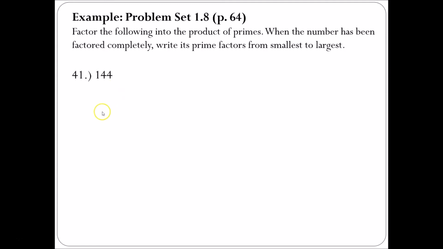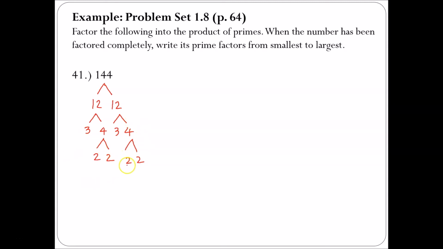Okay, so let's try. So 144 can be written as 12 times 12, and 12 is 3 times 4, and this is also 3 times 4, and 4 is 2 times 2, and another 2 times 2 for the other 4.